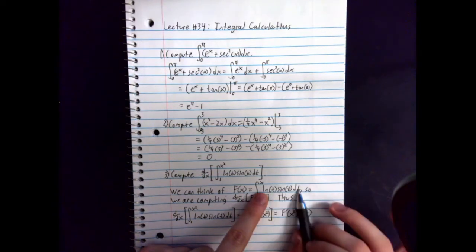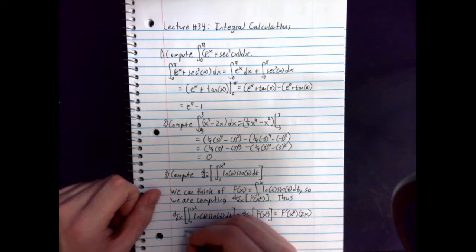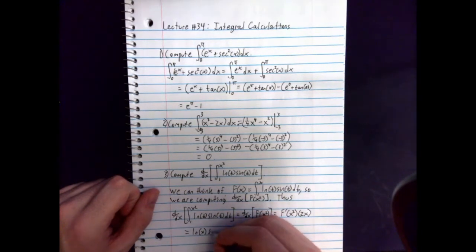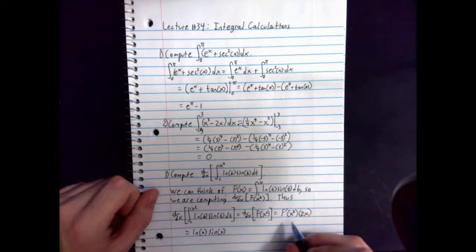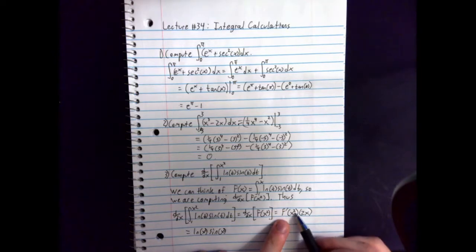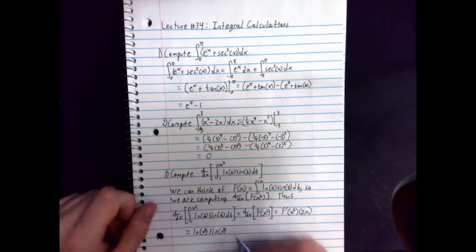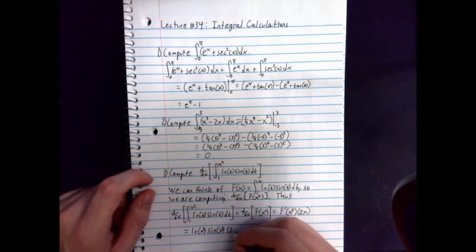That just gives me this integrand evaluated at the point x. So this is going to be natural log of x, sine of x, squared, I should say, because we're actually plugging in that x squared. Once we differentiate this, we plug in x squared, and then we multiply by 2x.